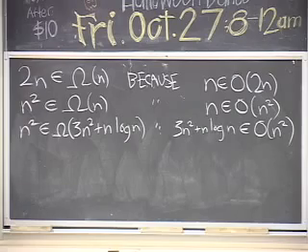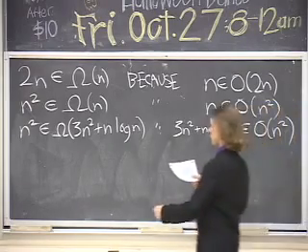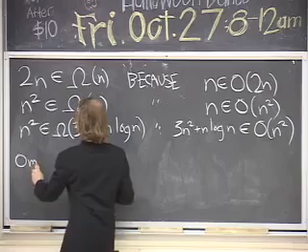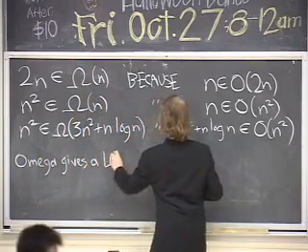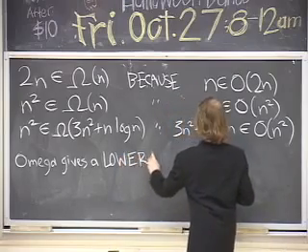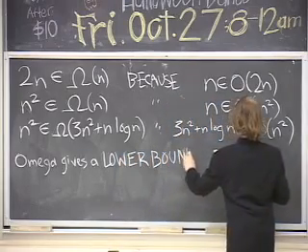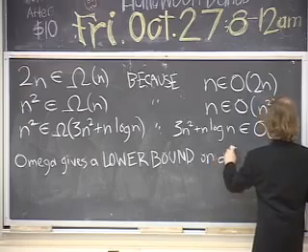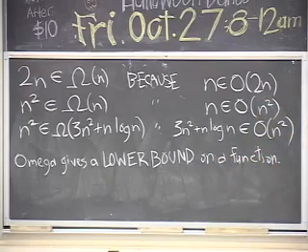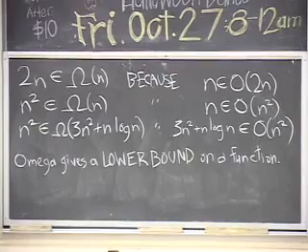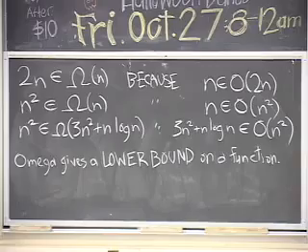And so on, you can go on like this. Again, omega gives us a lower bound on a function, just as big O gives an upper bound on a function. So big O notation says your algorithm is at least this good, and big omega notation says your algorithm is at least this bad.